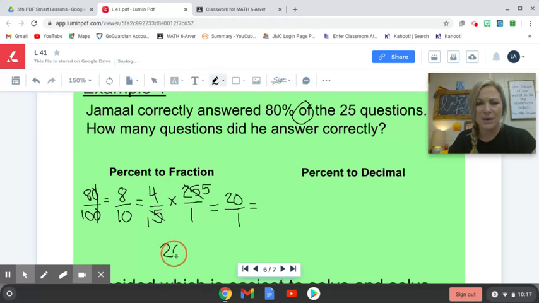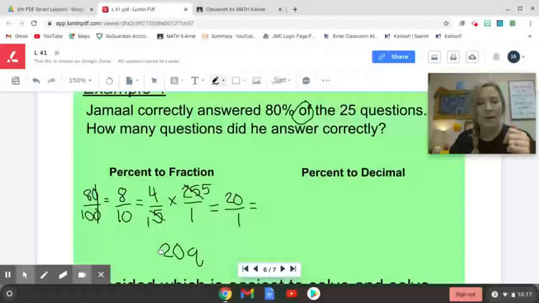And this is a story problem that needs a label, just for the sake of writing things out being very difficult using either a stylus or a mouse. I'm just going to leave it at Q. So 20 questions. Is that a reasonable answer? If he answered 80% of 25 questions correctly, 20 questions he answered correctly, definitely. That's a reasonable answer. We arrive at 20 questions.